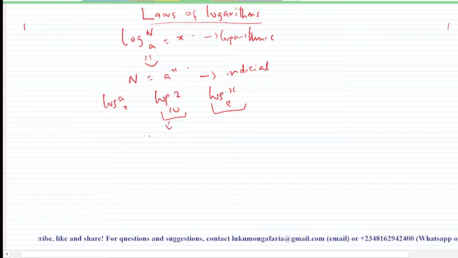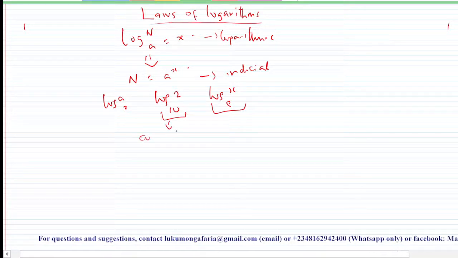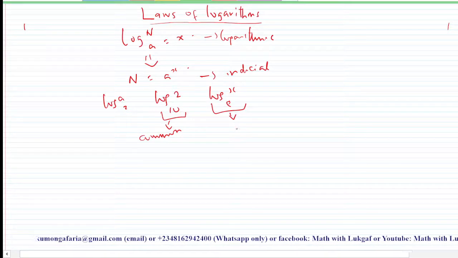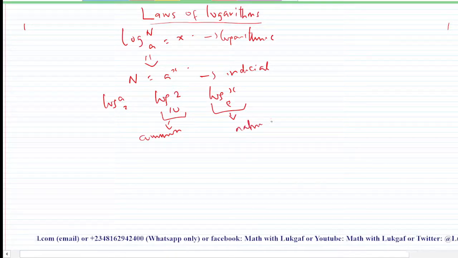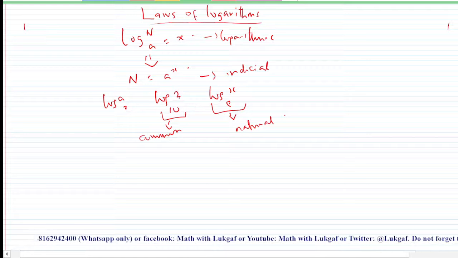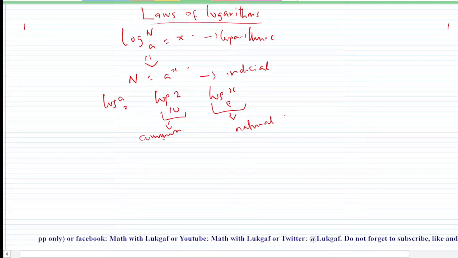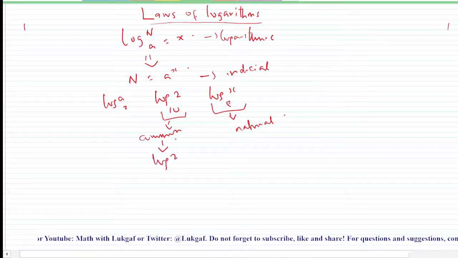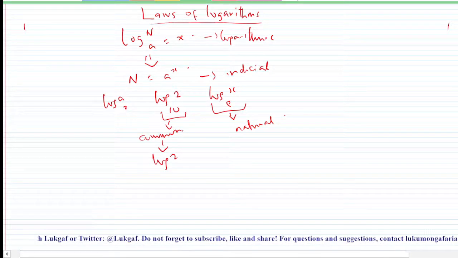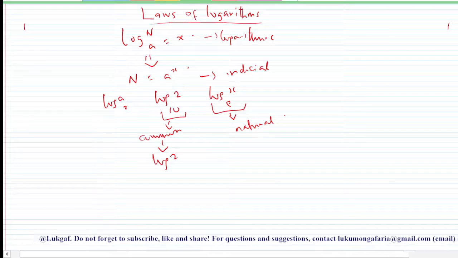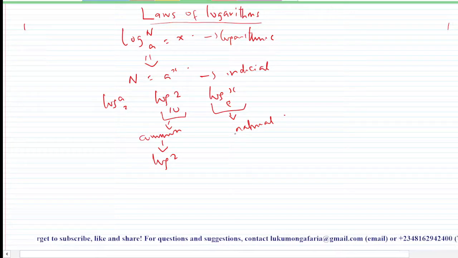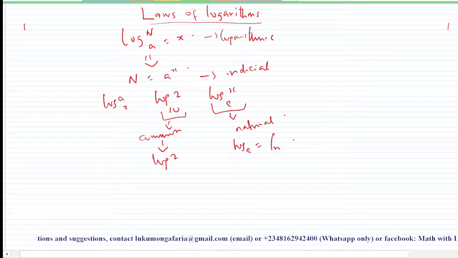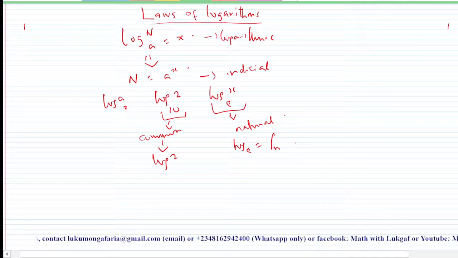Logarithm in base 10 is called common logarithm, while base e is called natural logarithm. Your logarithm in base 10 can be written as log without putting the base in it. That's your common logarithm. Likewise, for natural logarithm, you can rewrite log e as ln.